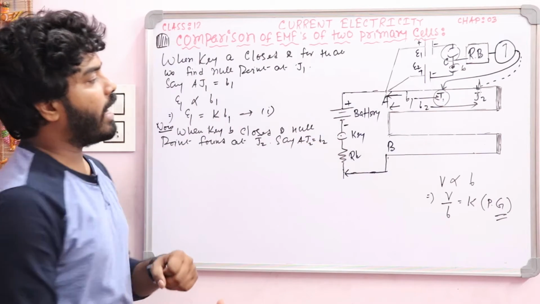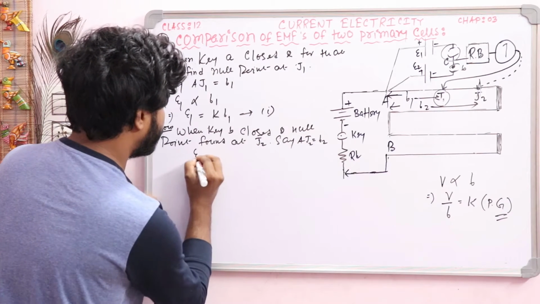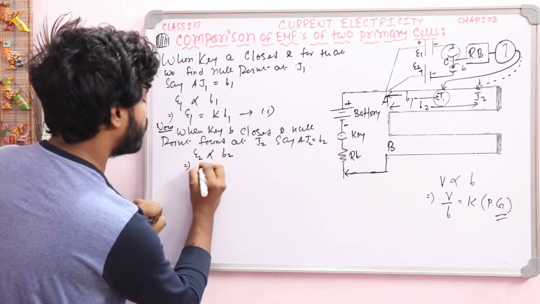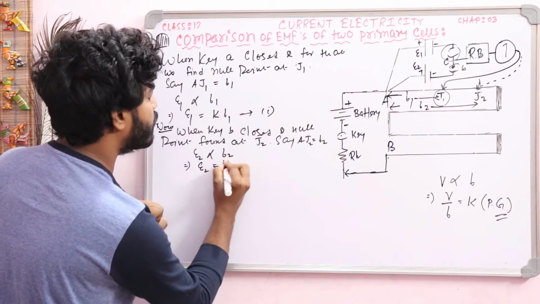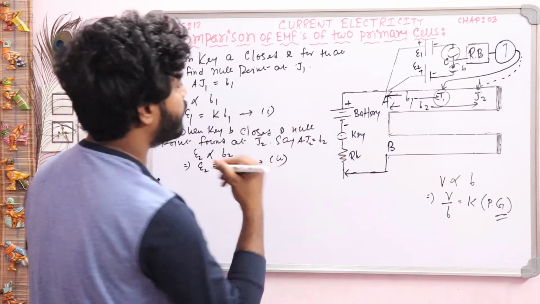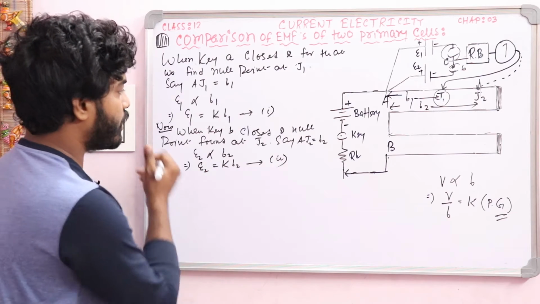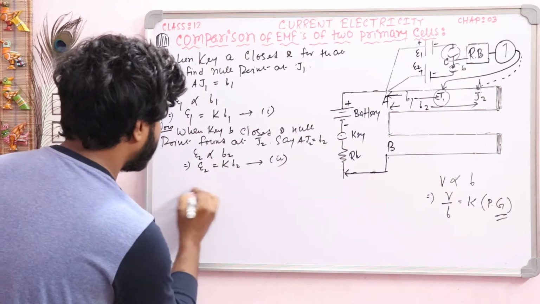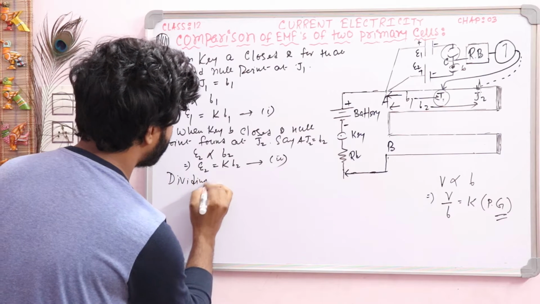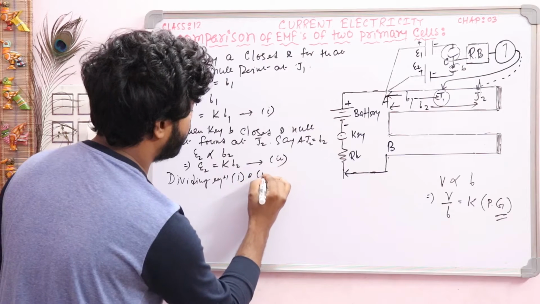According to the principle of potentiometer, E2 is directly proportional to L2, therefore E2 is equal to K into L2. This is our equation number 2. Now compare equations 1 and 2, dividing equation 1 by 2.